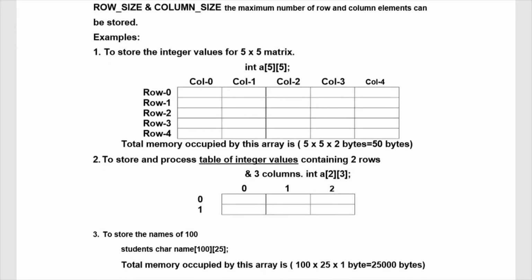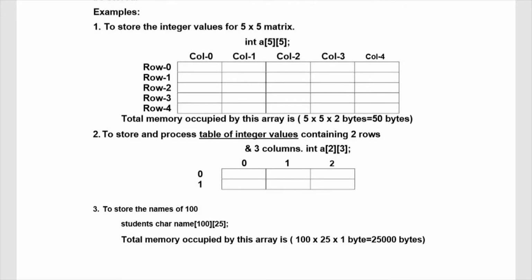To store the integer values, let's say for example a 5 into 5 matrix, how do I declare? I declare the data type, that is int, the array name as A, and row size and column size. How many rows are there? We have 5 rows and 5 columns. Right.